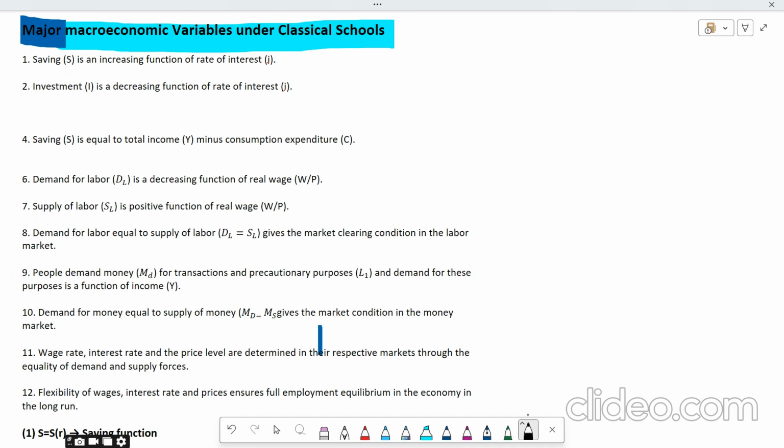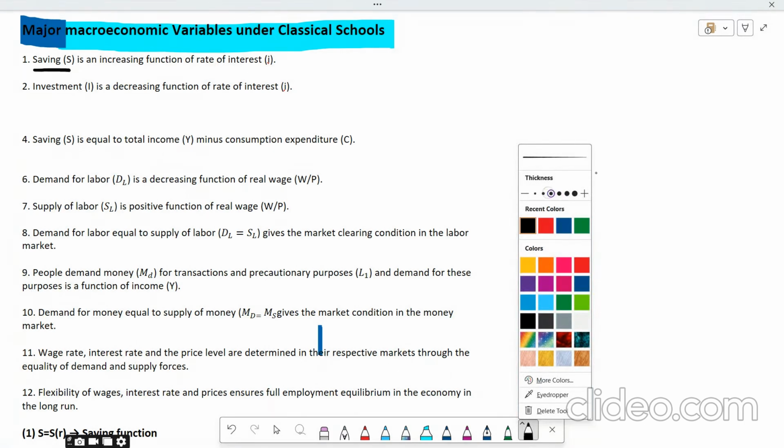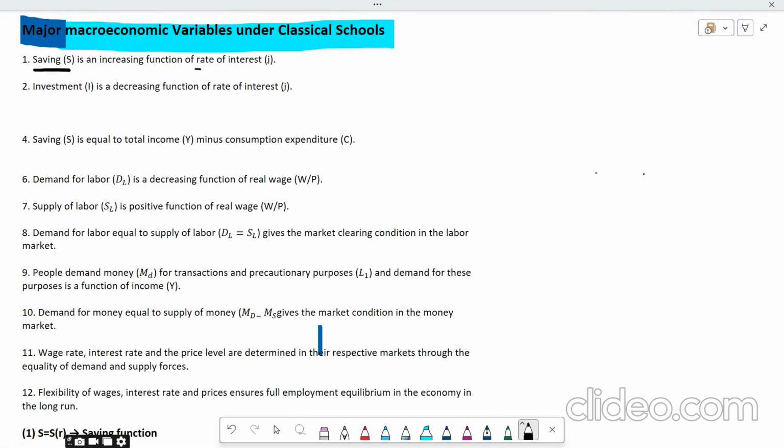So saving is the first important variable of the classical school. Saving is basically a function of the rate of interest. How? Suppose the rate of interest is 2%. In this case, I will be saving 2000 rupees in the bank.